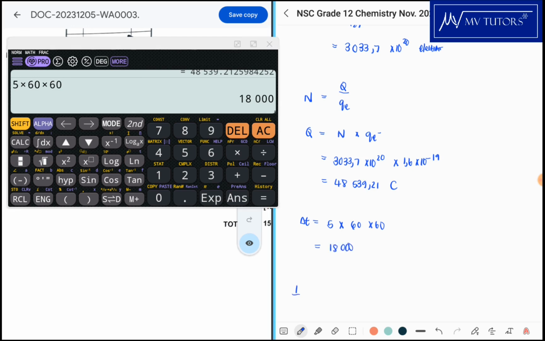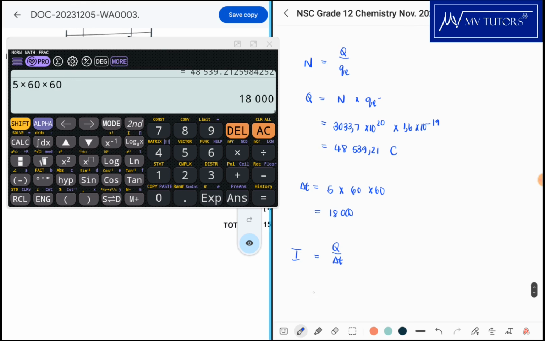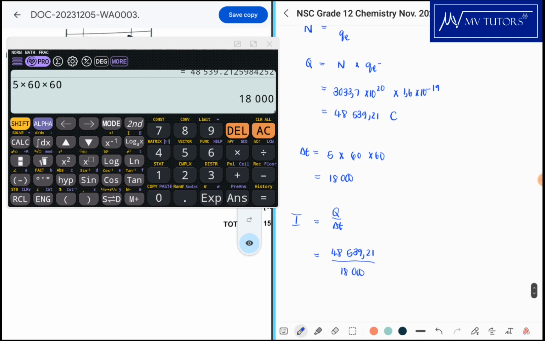So now finally, current is equal to charge over time. Our charge is 48,539,21, and that's divided by 18,000.